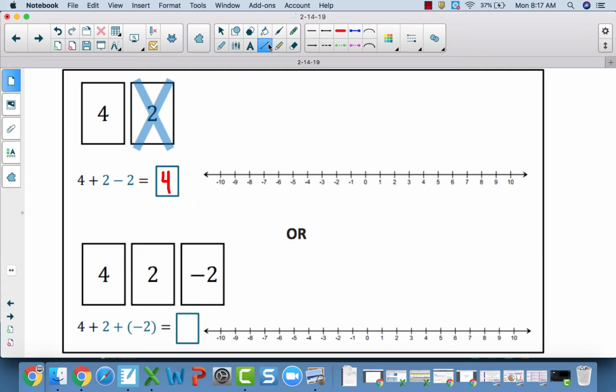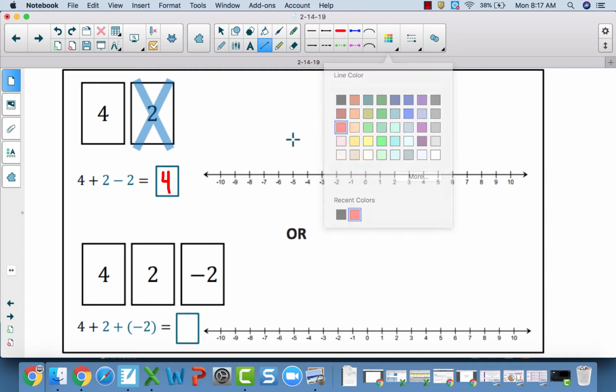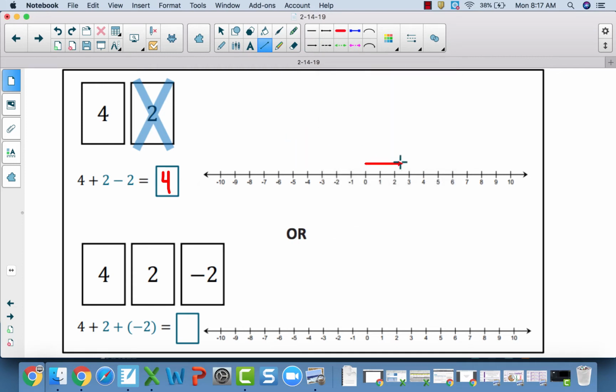I can show this on my number line. I am at 0. Let me make sure I color this for you guys. So I'm at 0, going to 4. I'm adding 2 and going here.